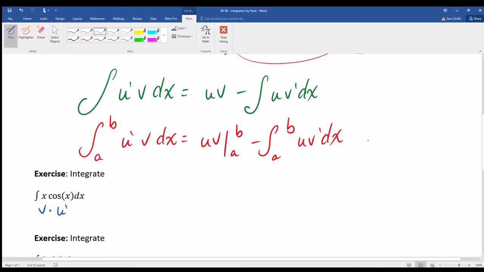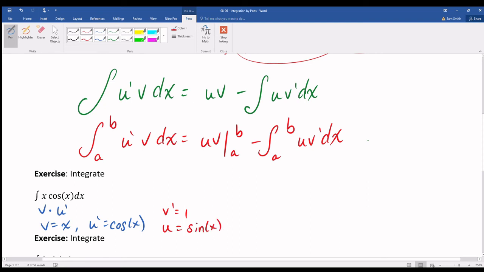I'm going to think about v as being x, and u prime as being cosine x. Now if I do that, then I can find v prime, and that's just 1. And I can take the antiderivative of cosine, and find u, which would be sine if u prime is equal to cosine.